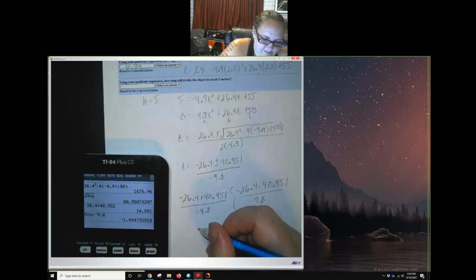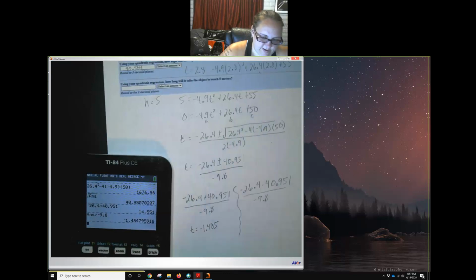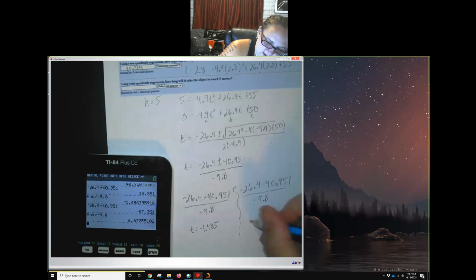So this one is going to be negative 1.485. And then negative 26.4 minus 40.951 divided by negative 9.8.